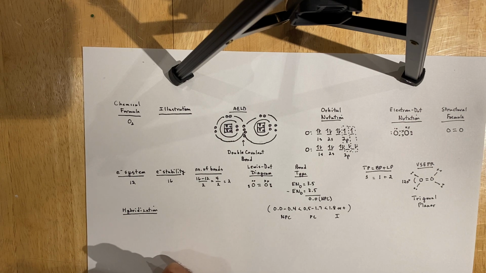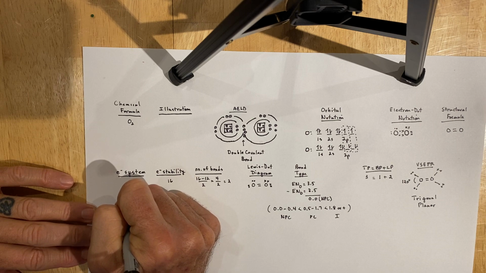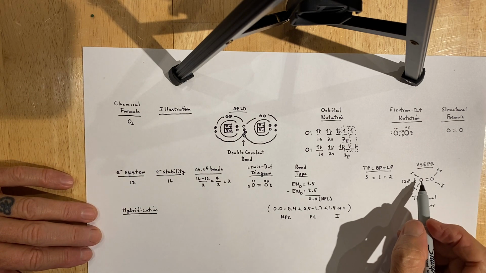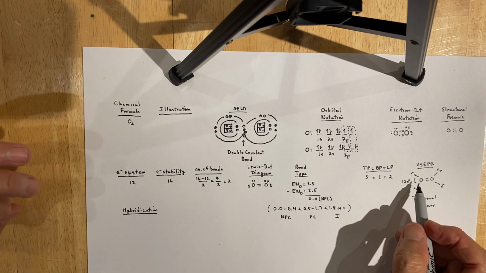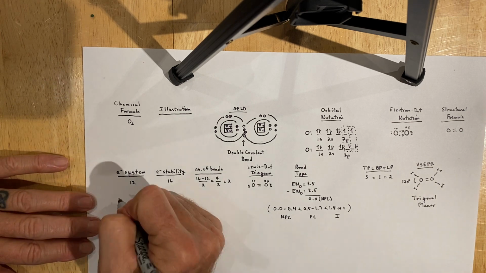Hybridization theory seeks to explain the behavior of electrons when they bond in a molecule.